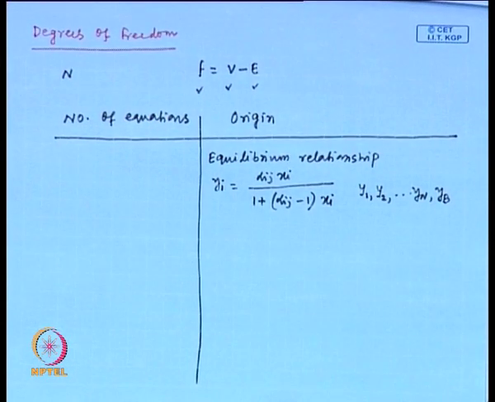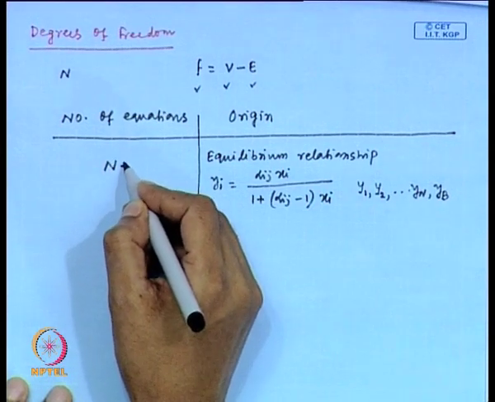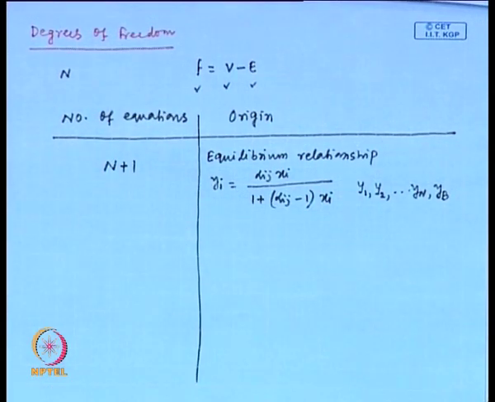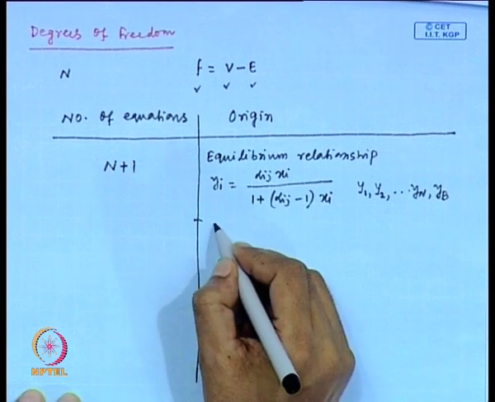The composition of boiled up vapor. Fine. So, what is the number? N plus 1. Fine. So, total number of equilibrium equations involved in the distillation model is n plus 1. Next is hydraulic relationship.